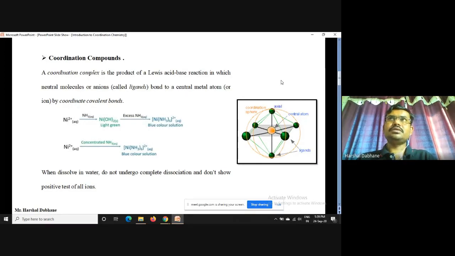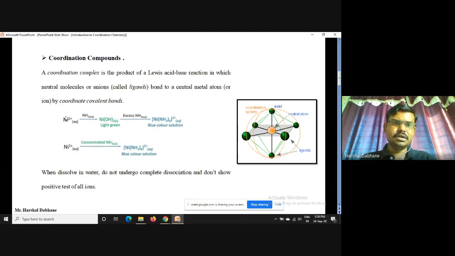So in the case of a coordination complex, we have a metal. I will show you this reaction. This is nickel, which is present in the dipositive state, and we have the aqueous solution of the nickel.